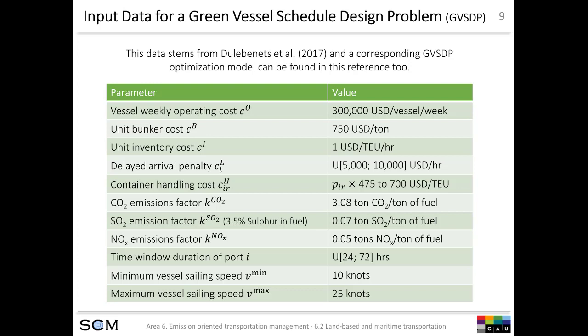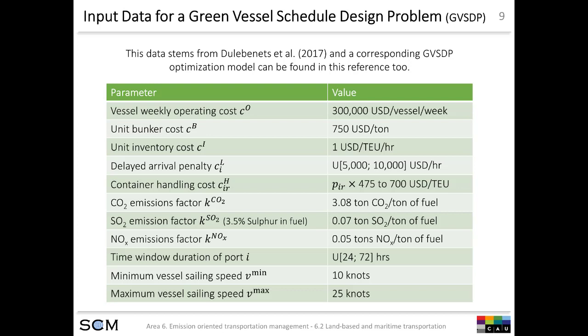We need cost parameters, like the weekly operating cost of a ship, and the unit bunker cost expressed in US dollars per ton of the fuel that is used here. We also have inventory holding cost because there is a large amount of cargo on these ships that travels over the ocean, and throughout this time, this inventory causes inventory holding cost.